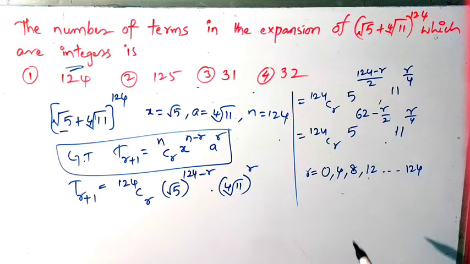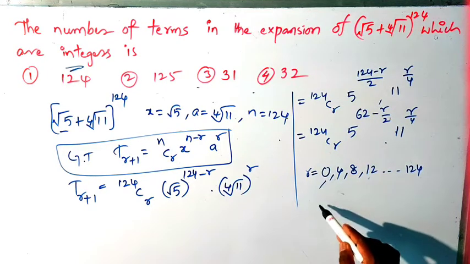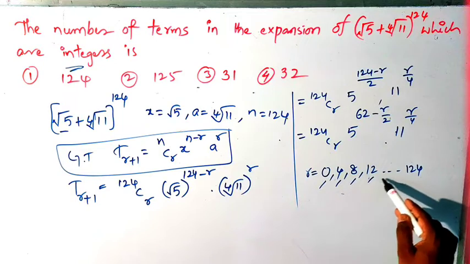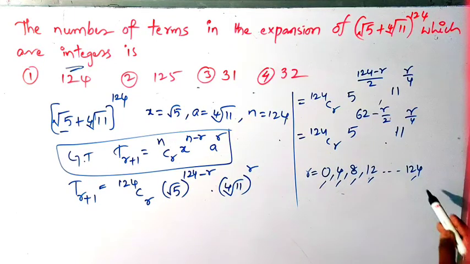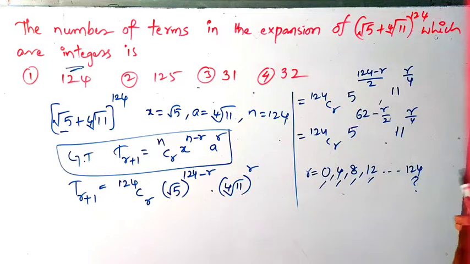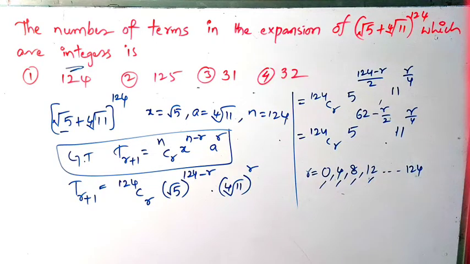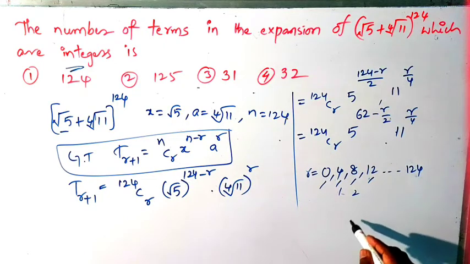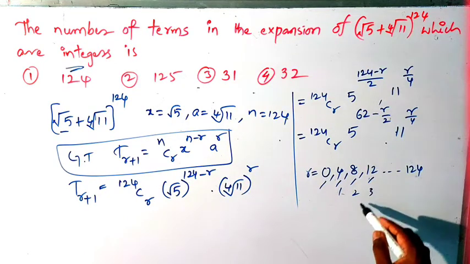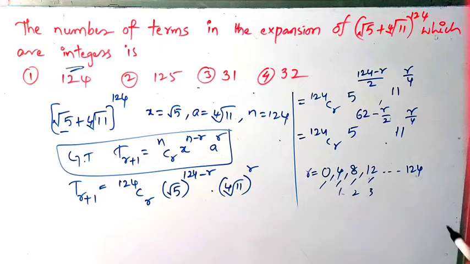Clear? So how many terms exist here? See here, 1, 2, 3, 4, and so on. How many terms up to 124? 4 ones are 4, 4 twos are 8, 4 threes are 12, 4 fours are 16, like that, 4 thirty-ones are 124.